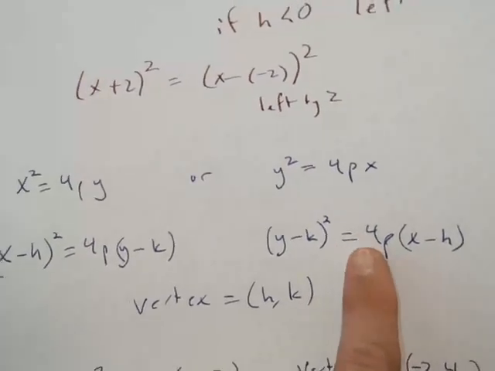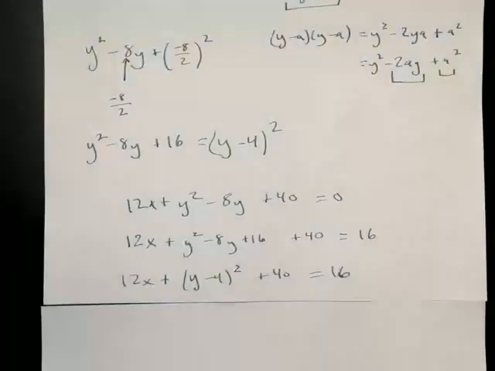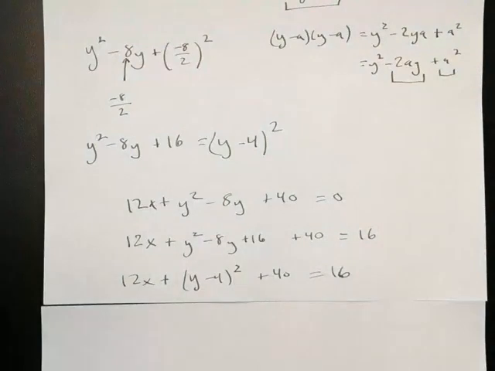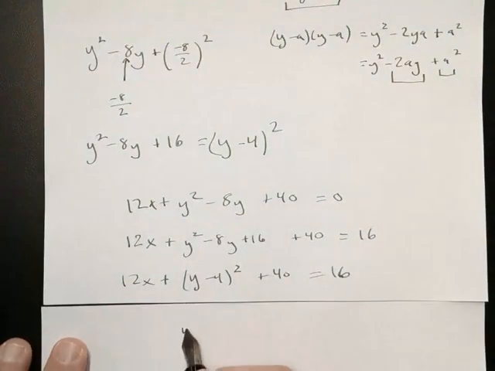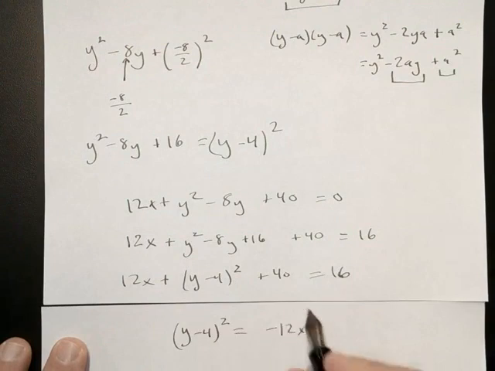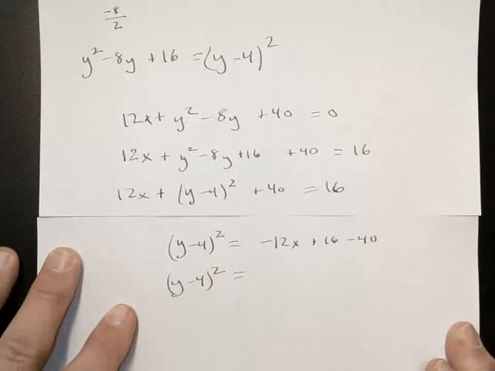So let's put everything else on the other side. And when I move everything else to the other side, what's 16 minus 40?